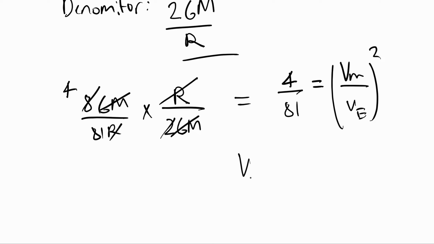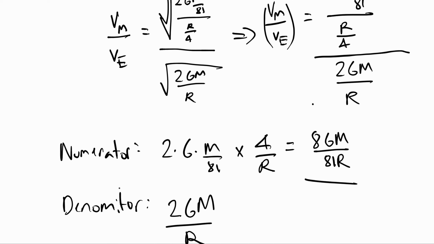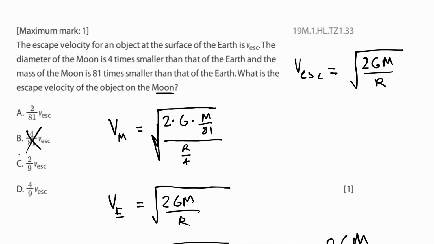So we get Vm over Ve is equal to the square root of 4 over 81, which is 2 over 9, and we need to write the escape velocity on the moon in terms of the earth, so we simply get V moon is equal to 2 over 9 V E. In this case, V escape from the earth. So that's our answer right there.